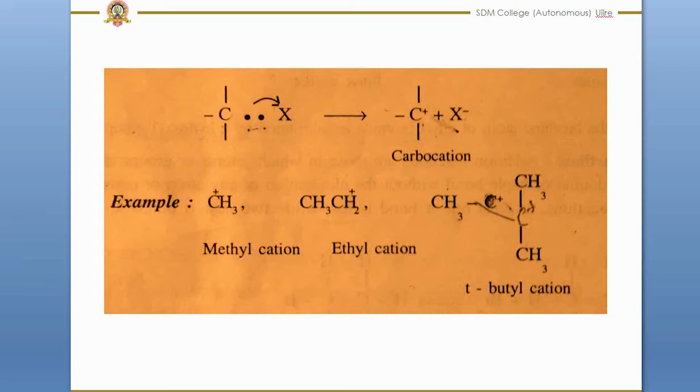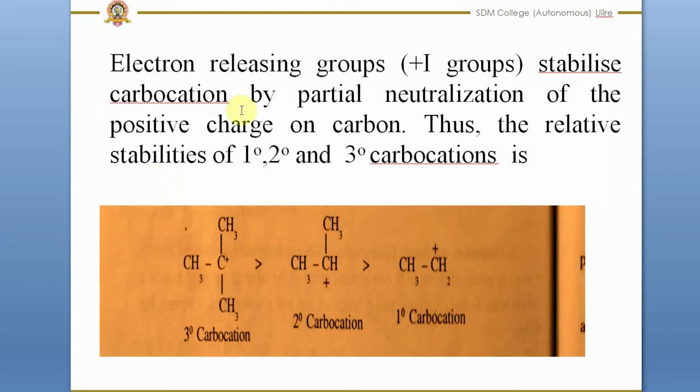When we discuss the stability of the carbocation, it can be clearly seen that the tertiary carbocation is the most stable when compared to the primary and secondary, because in the tertiary carbocation, the hydrogens are replaced by 3 alkyl groups.